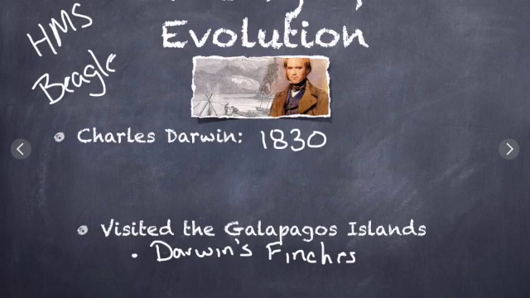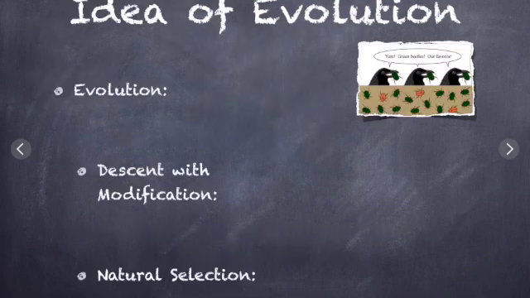He noticed they had all adapted to eat a specific food source. Some were seed eaters, some were bug eaters, some used tools. His theory of evolution was based on this trip, and he became convinced that groups of animals varied from island to island, and that animals changed over time.